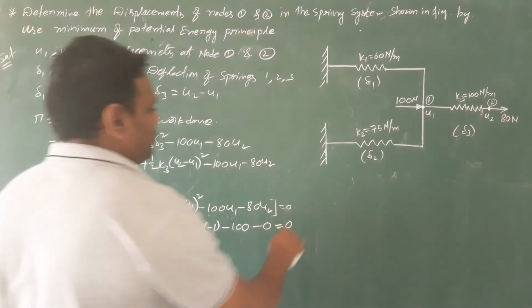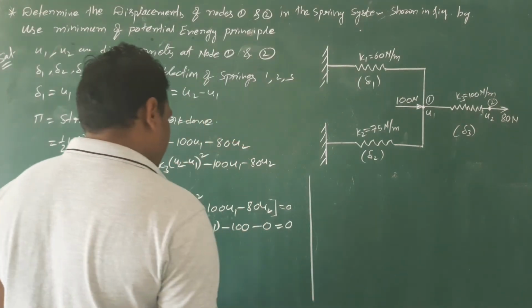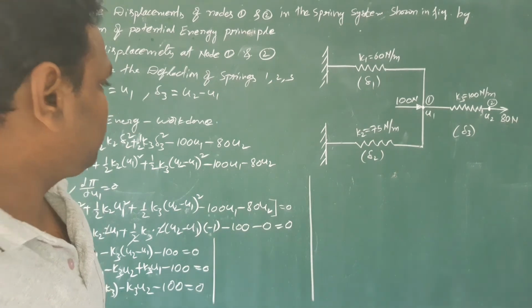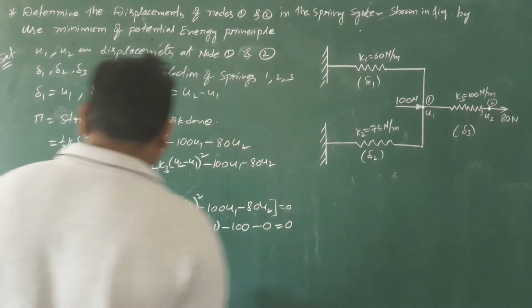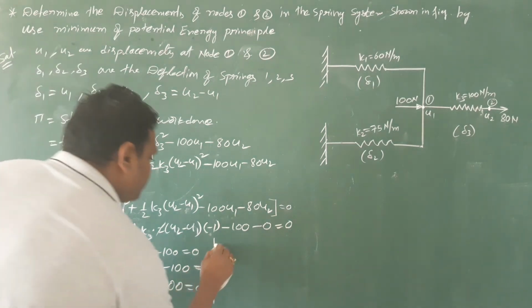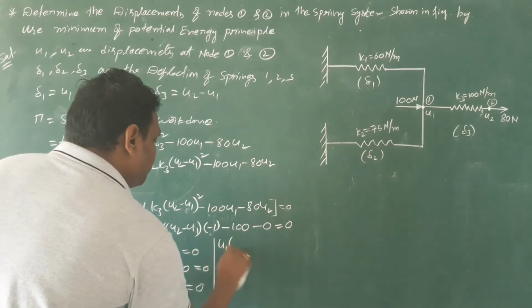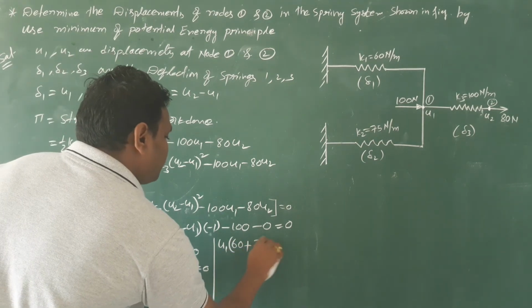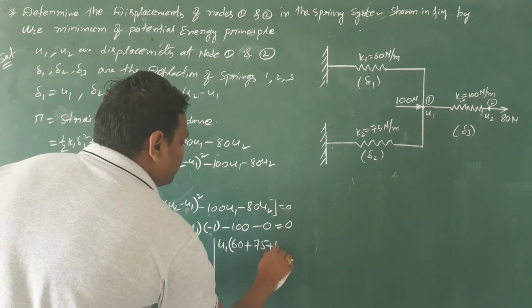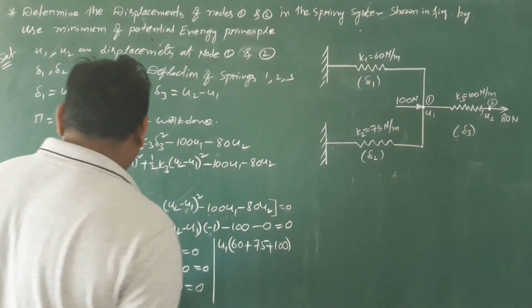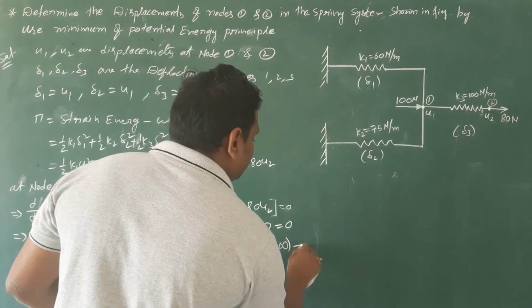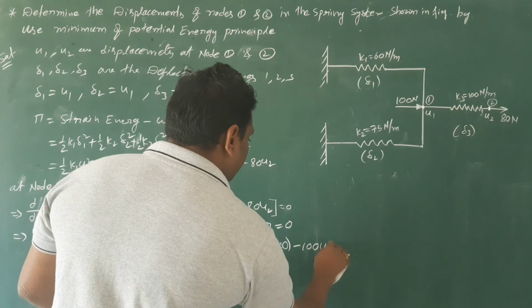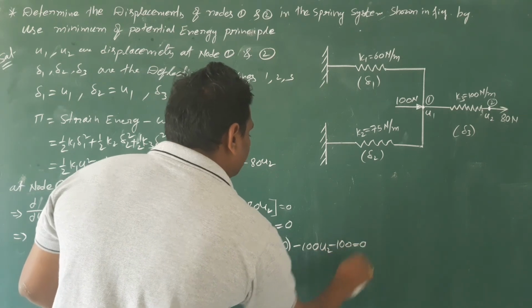So substitute here. u1 into k1, where k1 is 60 plus 75 plus 100, that is k1 plus k2 plus k3, minus k3, which is 100, into u2, minus 100 is equal to 0.